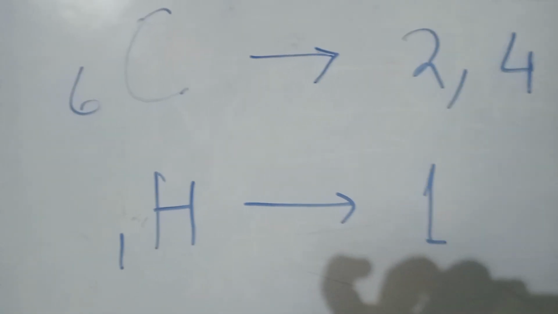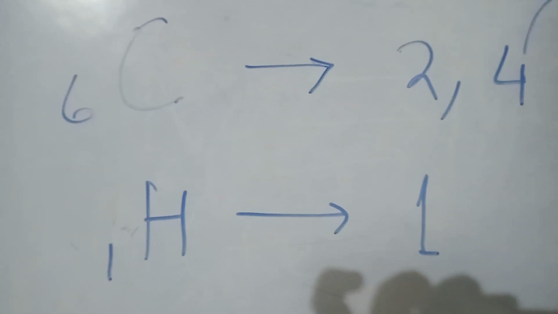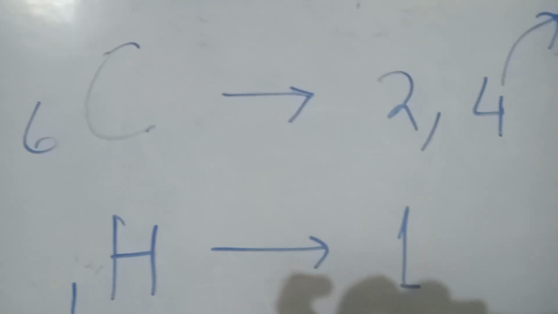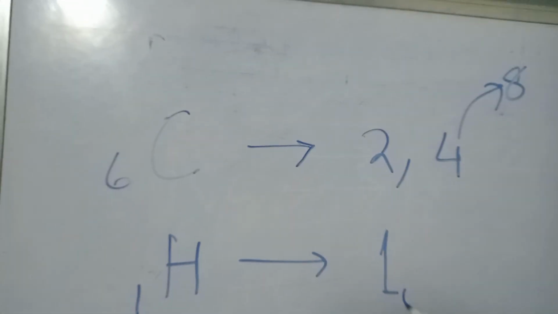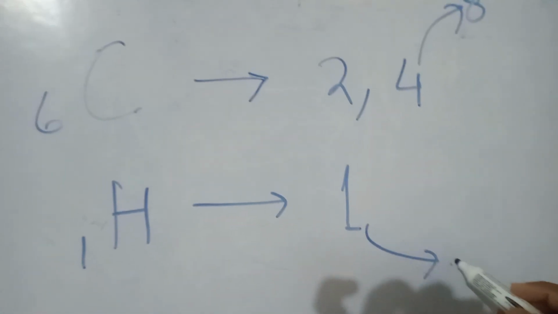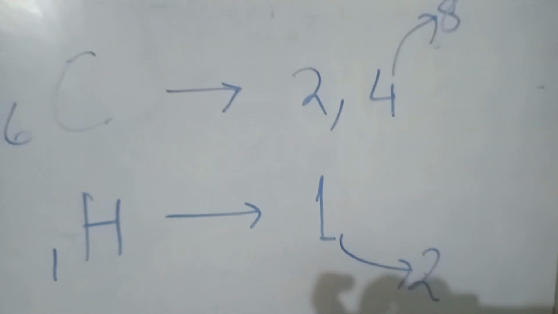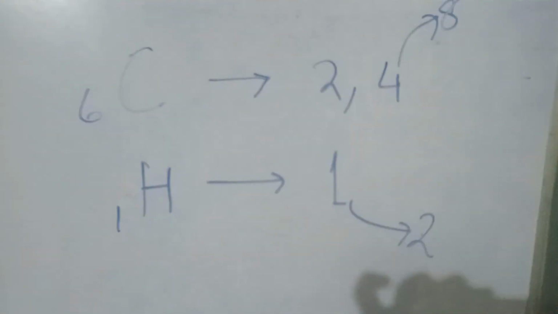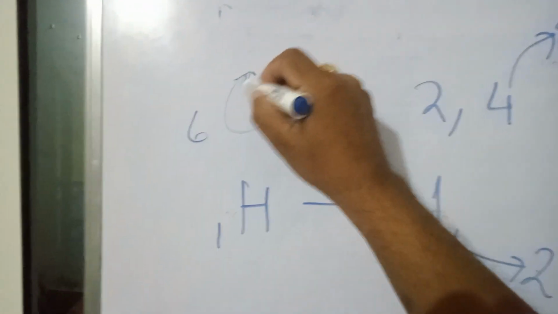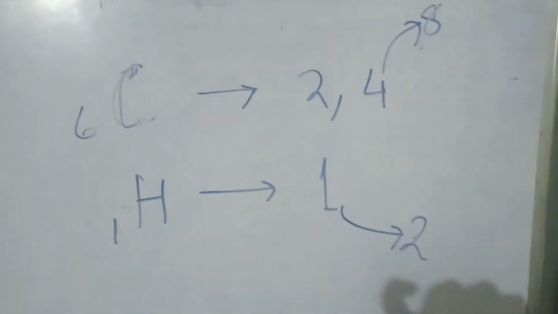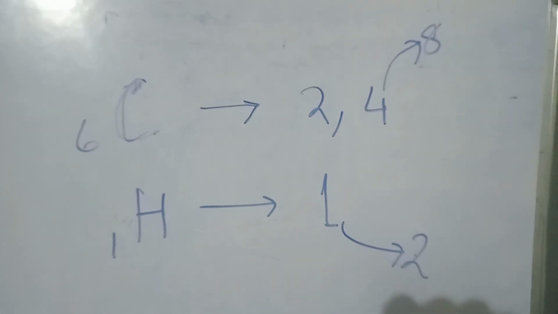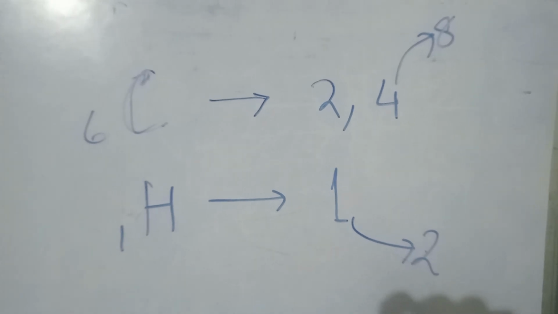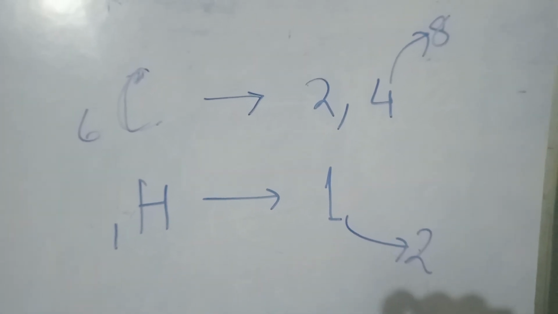Carbon will want to have 8 electrons in the outermost orbit, and the hydrogen will want to have 2 electrons in the outermost orbit. Here we can clearly see that none of the atoms is able to give up their electrons. In this case, they will share electrons.